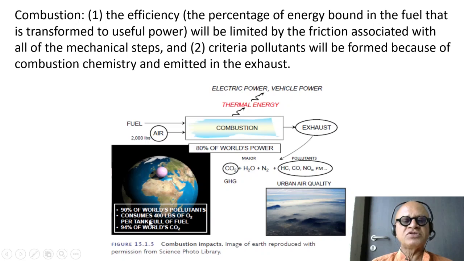So 90% of the world's pollutants are produced by combustion.